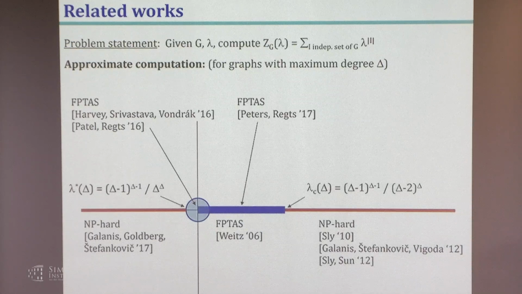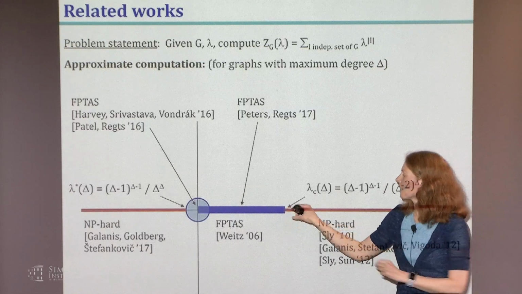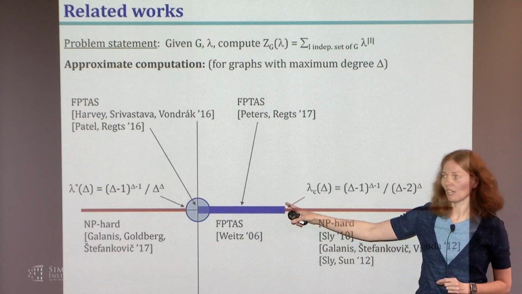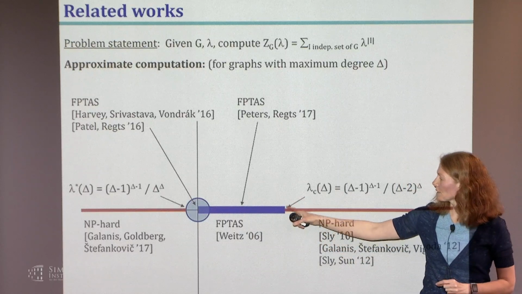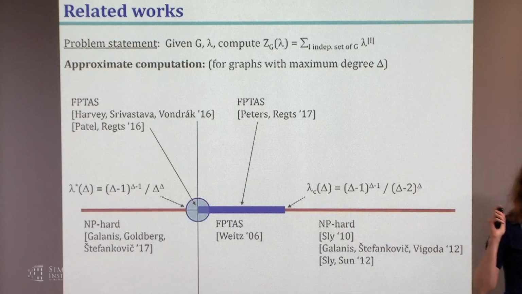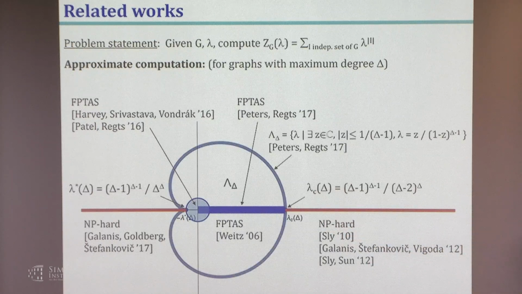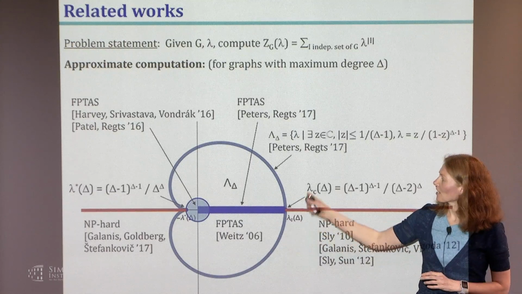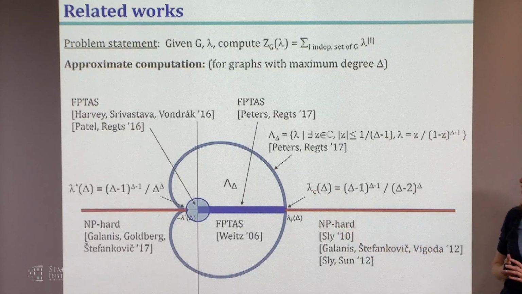Now, Peters and Regts have this small rectangle around the positive real line all the way to the critical threshold. And after that, in the very same paper, they identified this cardioid region, which is a region where certain univariate recurrences converge.